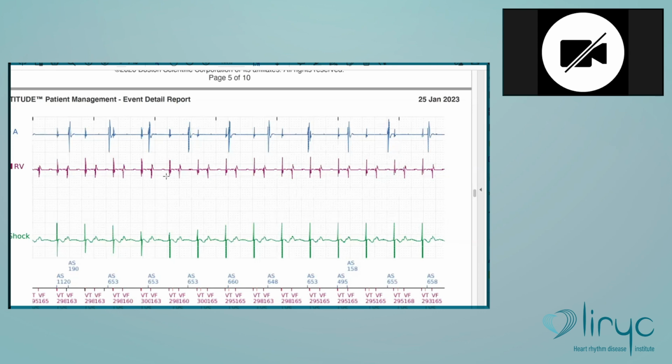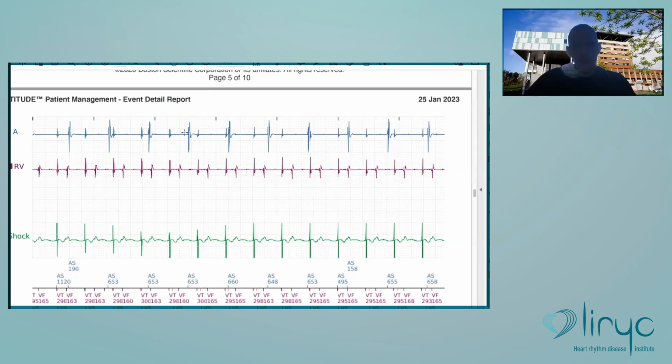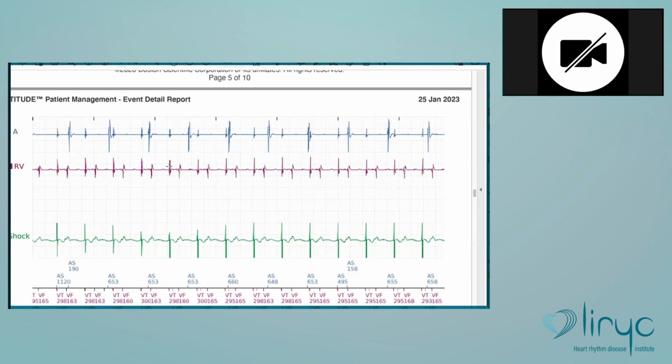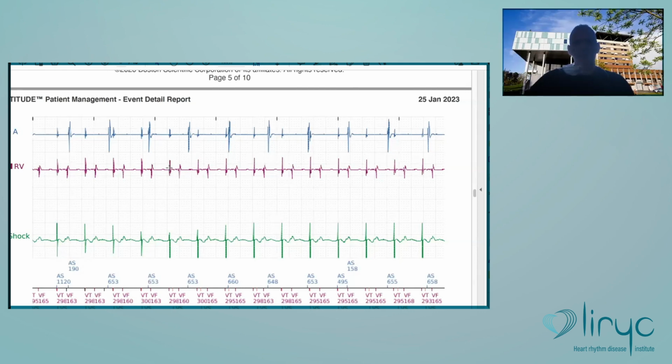But if we did not have this information, I could say, okay, this is the atrium, this is the ventricle, this is the atrium, this is the ventricle. But most of the time when you oversense the atrium, it's not as sharp. You see? Okay. Very sharp here. So that could be a bit different. Okay, clear? Yeah.